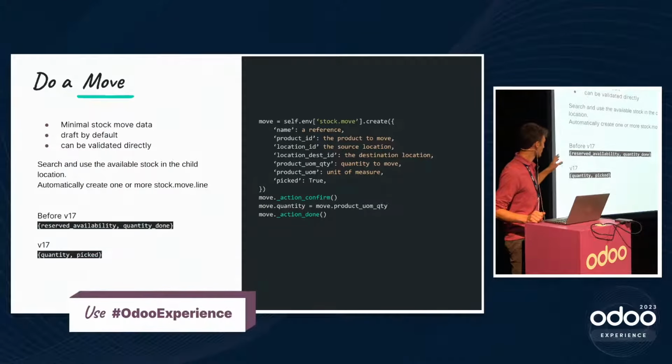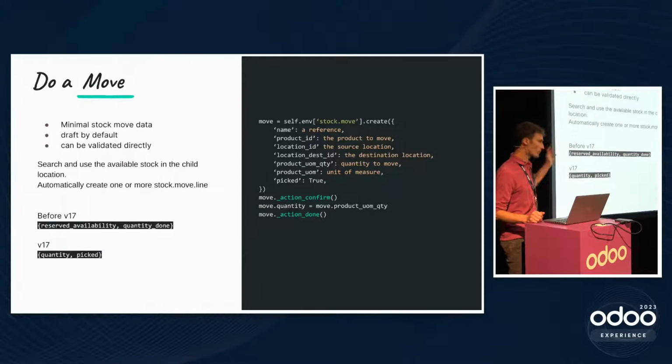We put a small note about the quantity fields. Before version 17, we had 2 quantity fields, the reserved one and the quantity done one. The reserved one was the quantity available and reserved by the action assign method, and the quantity done was the quantity that the move will actually displace in the inventory.